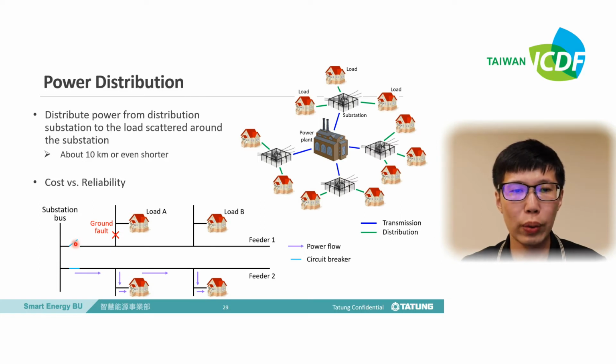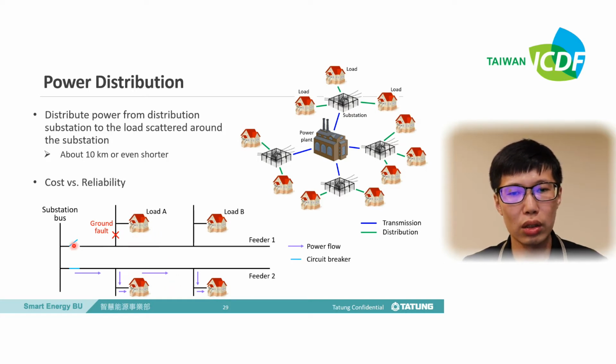The circuit breaker is open, so the current cannot flow to load A and load B. In this case, only load C and load D can have power to use.